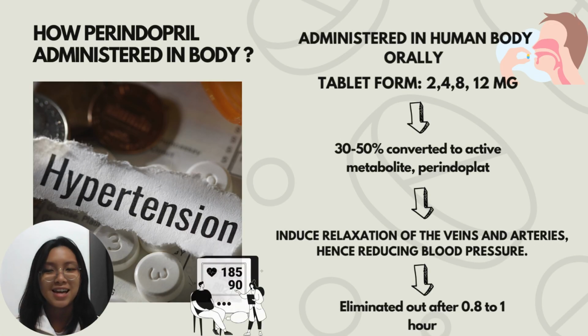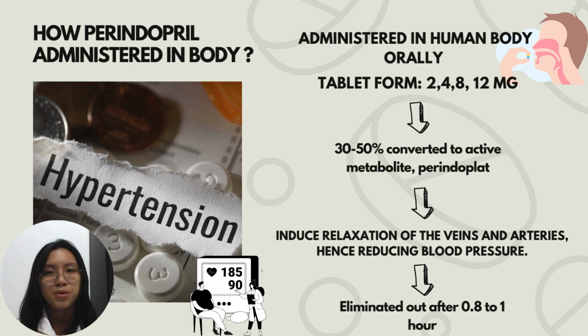I'm Janice. Now I'd like to present how perindopril is administered in the body. Perindopril is taken orally in tablet form and the dosages are 2, 4, 8, and 12 mg depending on the conditions of the patients.